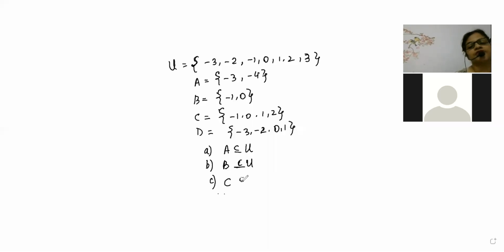Set C is a subset of the universal set. C is a subset of D. D is a subset of the universal set. So beta, we have 4-5 conditions. Now one by one, we will think about the conditions and then we will decide.